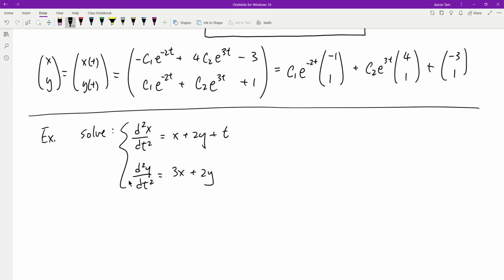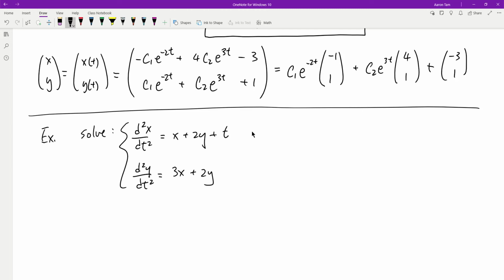So in this case, we have a second order system of differential equations. However, this one is nice in the sense that it does not involve the first derivative, which makes it easier for us to solve. If it does involve the first derivative, it will definitely make it a lot harder. So we're going to do the exact same thing and use the elimination method to come up with the solution. This will take a while.